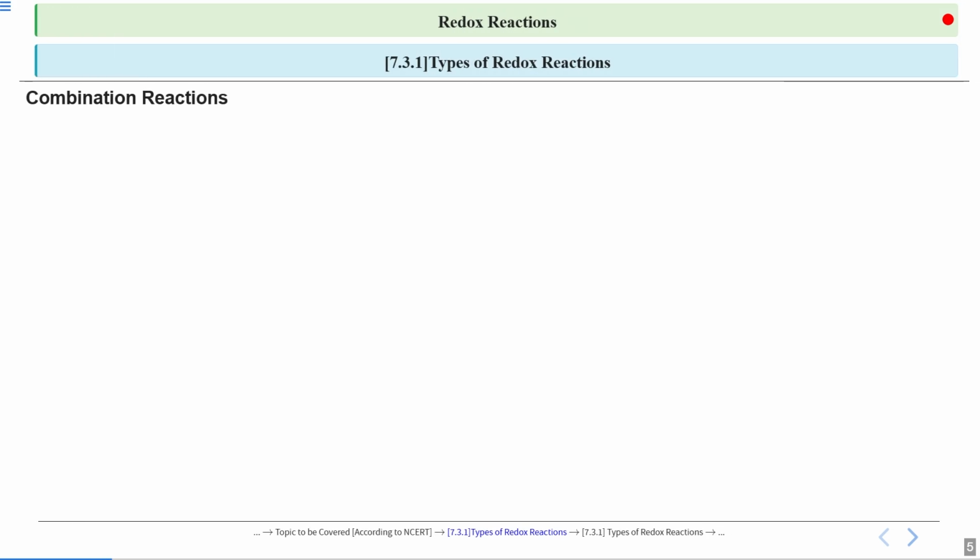So now, the combination reactions. The first type of redox reaction is the combination reaction. What does combination reaction mean? As the word itself suggests, there must be reactants which are combining.